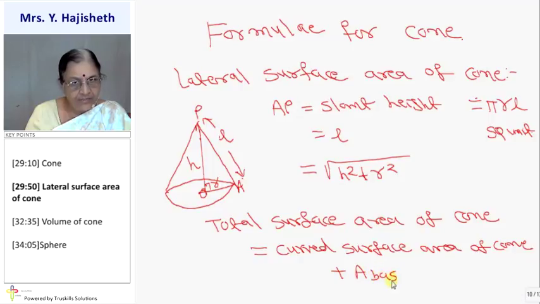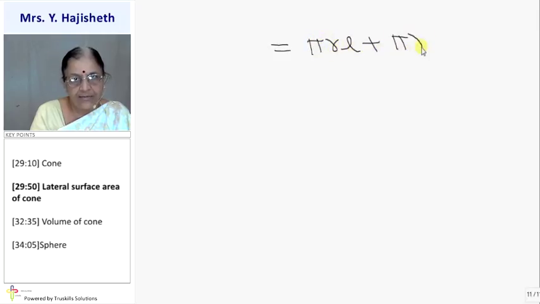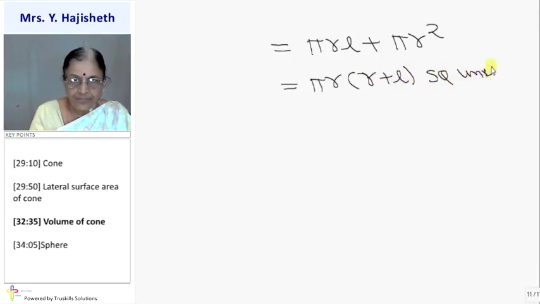But you know base is circular, clear? So what is the formula for total surface area of cone? It is pi r L plus pi r square, clear? So pi r common, so in bracket you will get r plus L, pi r into (L plus r) square unit, okay.